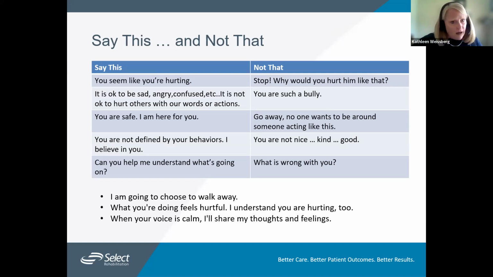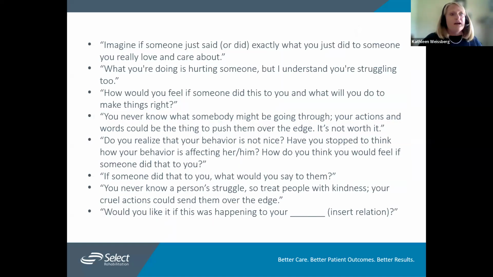So these next couple slides, hold on a second. There we go. A lot of quotations, and I'm not going to read all of these to you. You can certainly read them, but these are again ways that we can spark empathy. We're going to urge that bully, if we can, to put themselves in the recipient's shoes and recognize too that this doesn't happen in isolation.